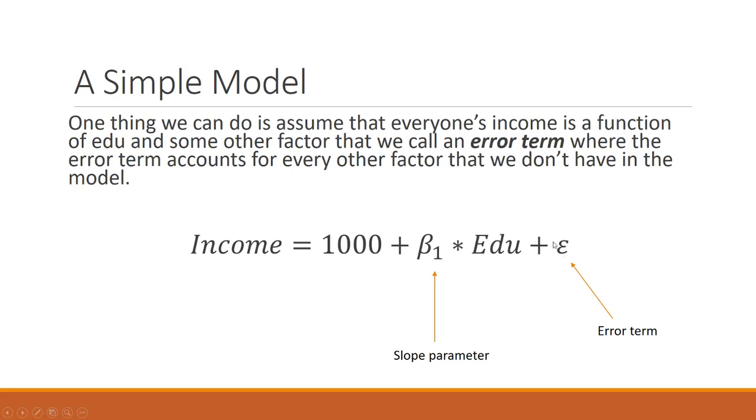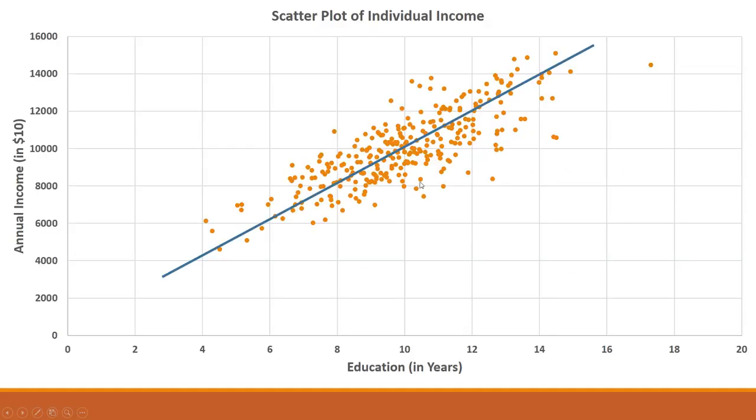This error term accounts for all the other factors that might affect income. It basically accounts for all the little differences between each individual data point and this smooth linear line. So let's say we take an education of 15 years and follow this up.